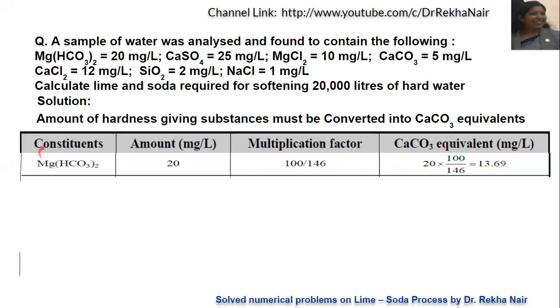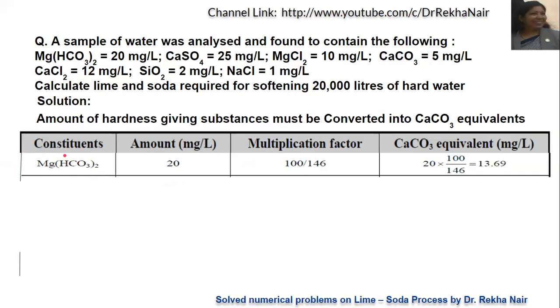Here, for magnesium, the valency is 2. So we can say that the multiplication factor is 100 upon its molecular weight. The molecular weight of magnesium bicarbonate is 146. Let us see how. Magnesium is the 12th element, so its atomic mass is 24.